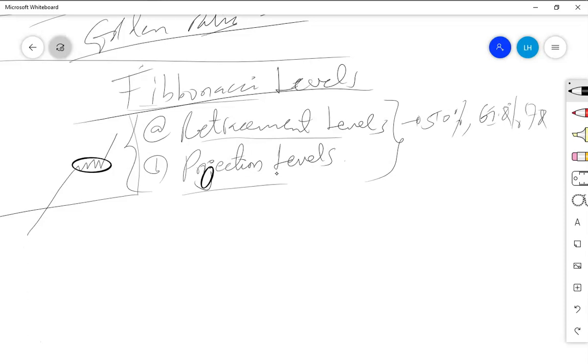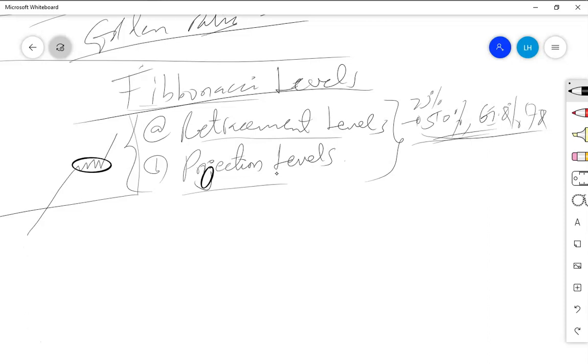Then we have other levels below 50, maybe 23% or anything else. Everybody knows those things. What I need to introduce in detail is the things that are beyond the concepts that most mentors teach.